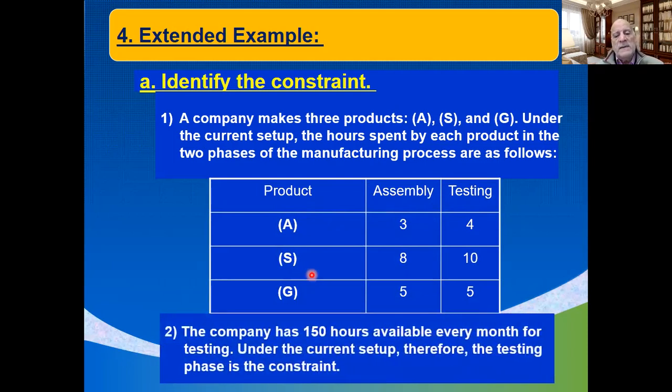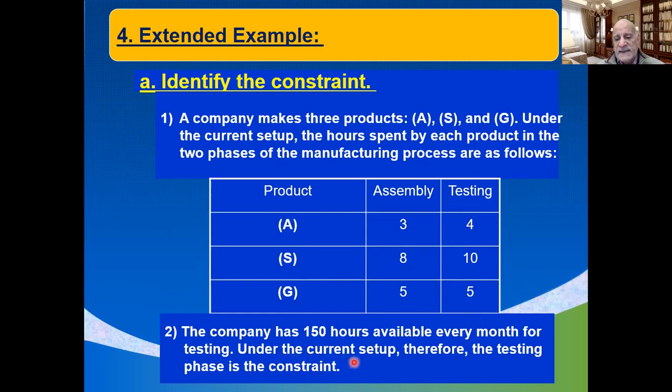We're assuming that the company has 150 hours available every month for testing. As for the testing phase, the hours available for this activity is 150 hours every month.